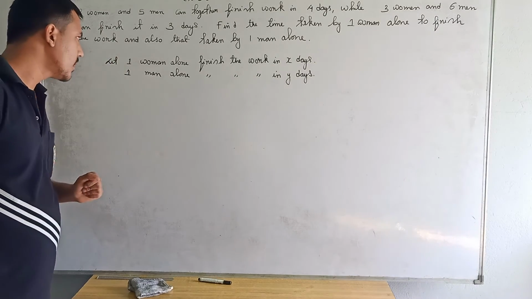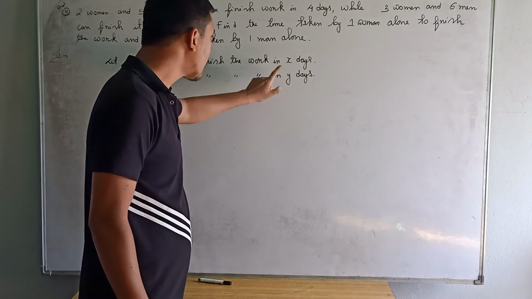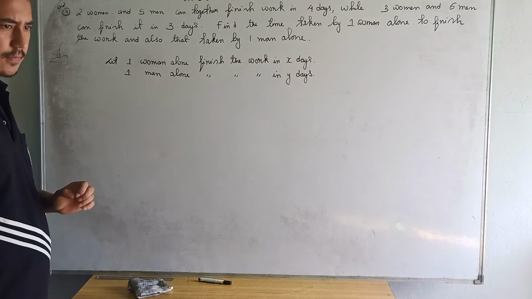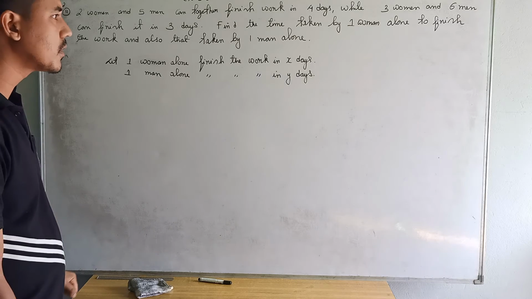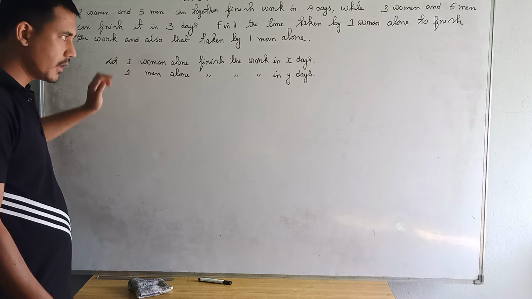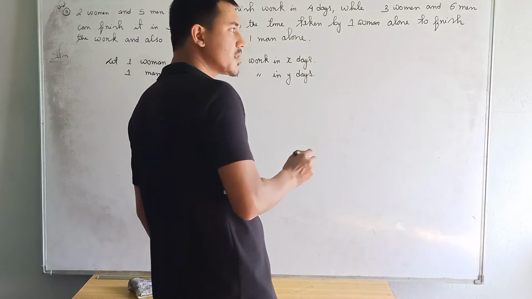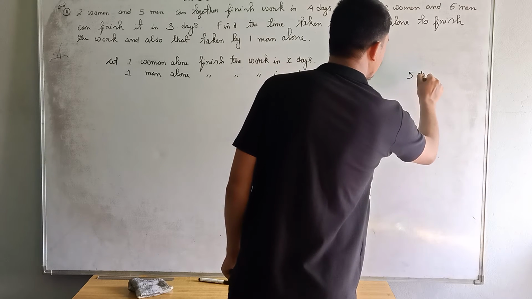Now you see, 1 woman, if she works alone, can finish the entire work in X days. Then in one day, how much part of the work can be done by 1 woman? Suppose you can finish a piece of work in 5 days.